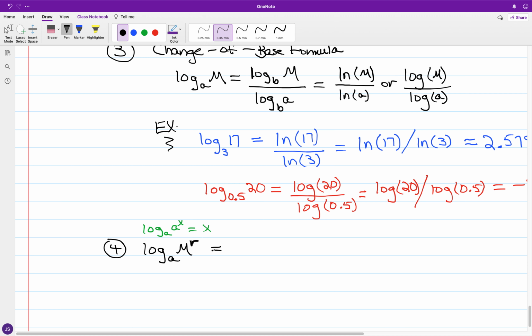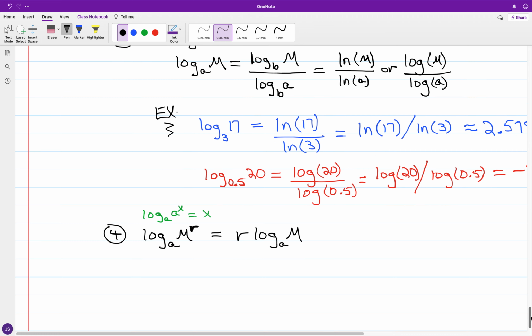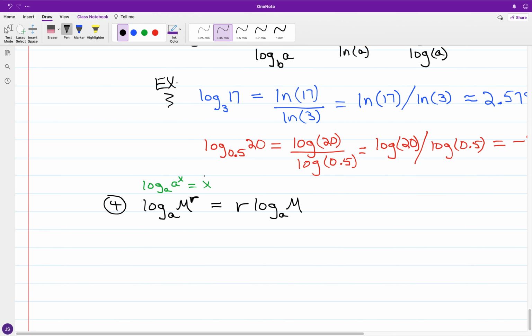If this were to be written another way, the exponent can be written as a coefficient. In this case, we have r times the base a logarithm of m. So the base a logarithm of m to the r is equal to r times the base a logarithm of m.